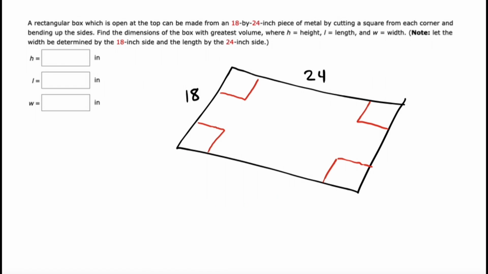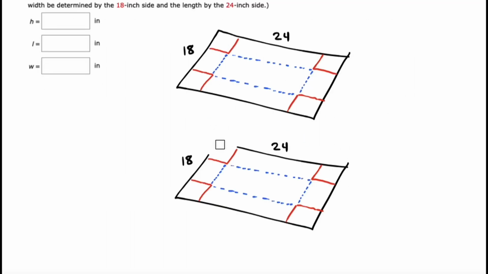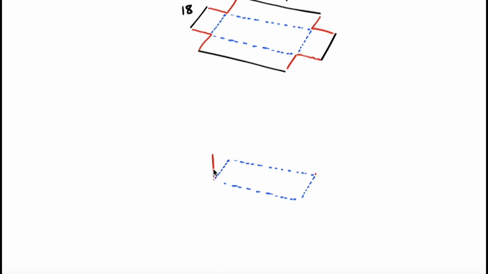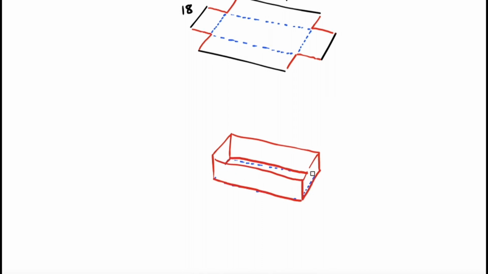And then what they're going to do is fold up along these seams here, removing this part of the metal and then folding up. They're trying to make this shape. Yeah, so the final result's supposed to look like that.